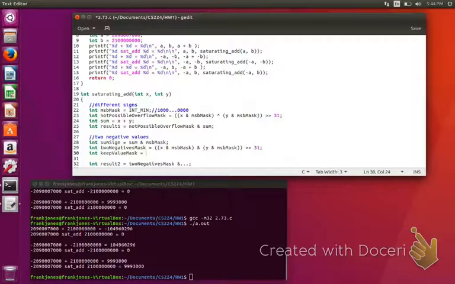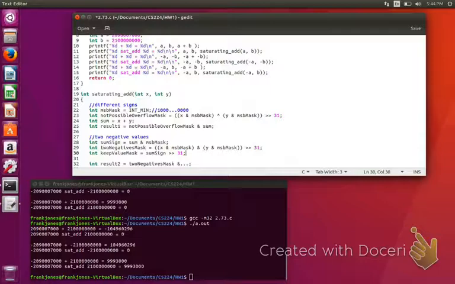So if I have two negatives, how do I know if I want to keep the value? Well, I know based on the sum of the sign, because if the sum of the sign is negative, then I added two negatives and I got a negative, so I didn't have overflow, right? So if I take the sum of the sign and I just right shift that by 31 bits, this is an arithmetic shift, so if it's negative I'll get 1s all the way across, if it's positive I'll get 0s all the way across.